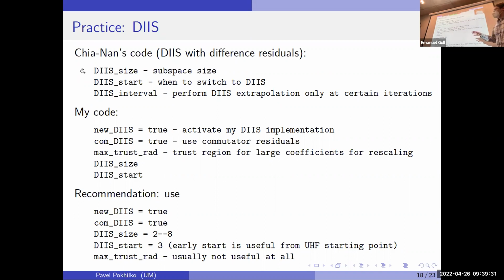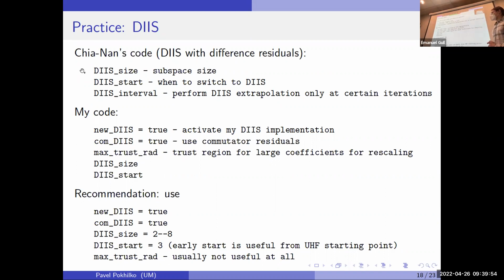I played with trust region techniques. So basically, if the extrapolation coefficients are very big, then the extrapolation may be very poor, as in the case of the difference residuals. So I put some constraint on how big the sum of the absolute values of the coefficients can be.